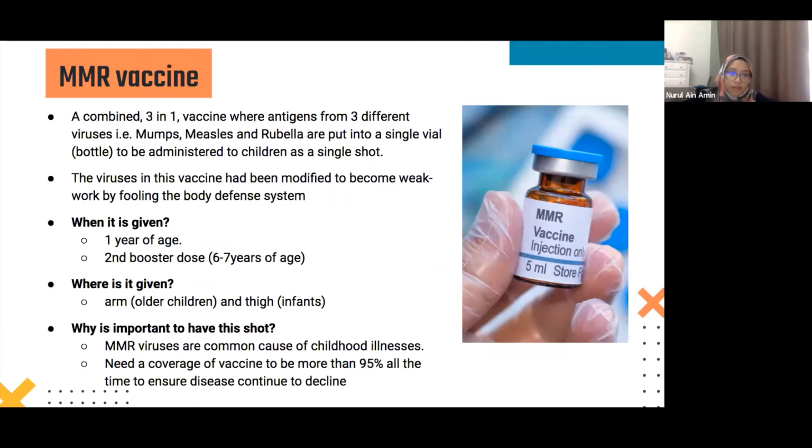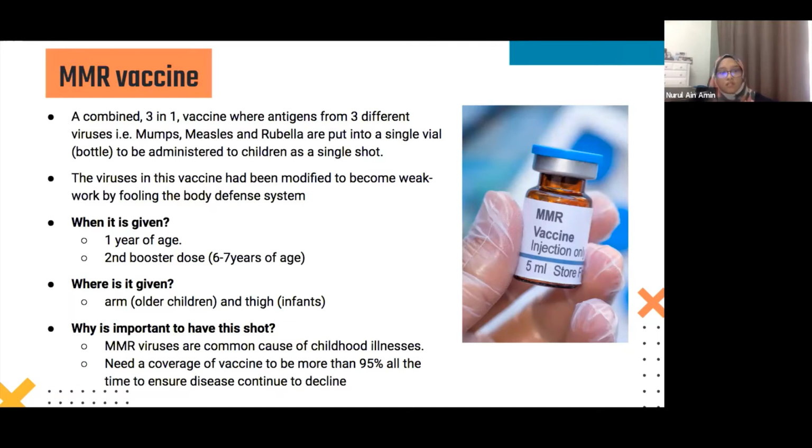First of all, the MMR vaccine. It is a combined 3-in-1 vaccine where we combine antigens from 3 different viruses, mumps, measles, and rubella, into a single vial to be administered to children as a single shot. This decreases the number of injections for the children. It is given at 1 year of age, with a second booster dose at 6 to 7 years of age.